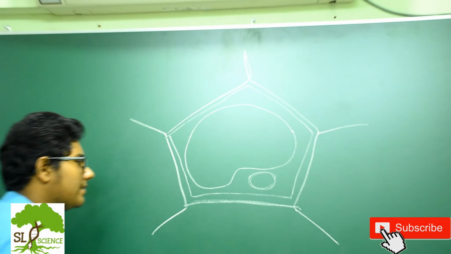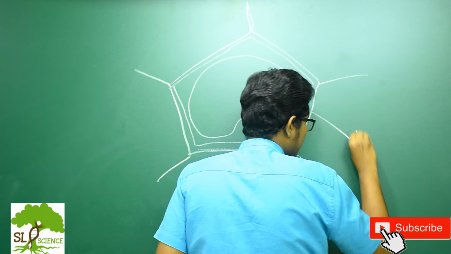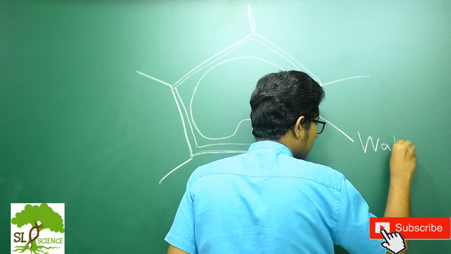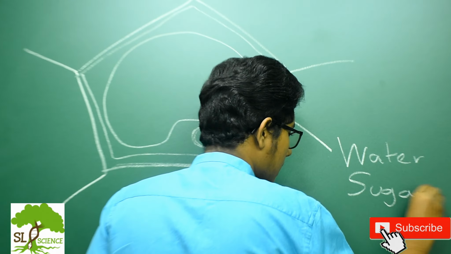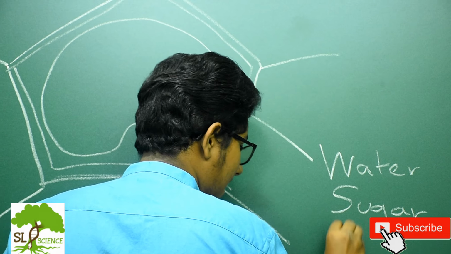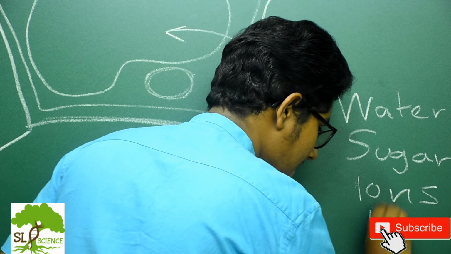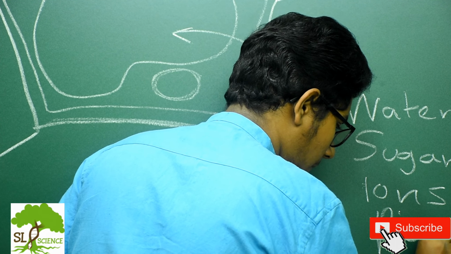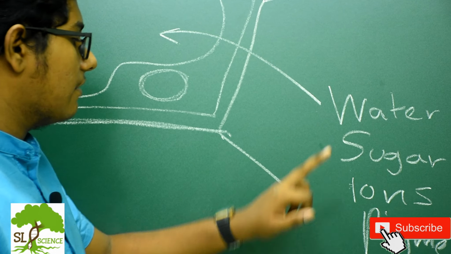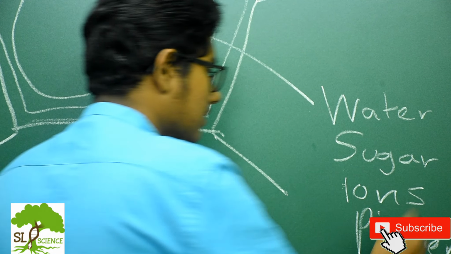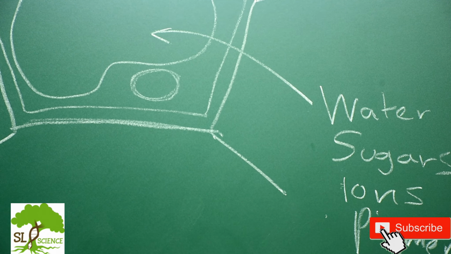Inside this vacuole the main thing is water and sugar, and we have ions, and also a very important thing, pigments.